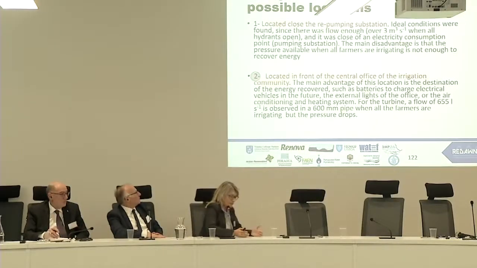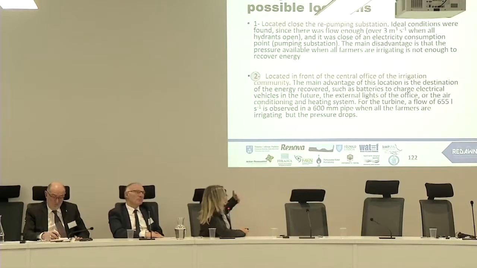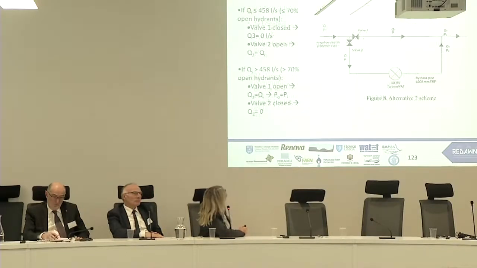For any type of study we need to make some approximations. Several possible locations were analyzed, and the second one was very interesting, since it is the manager's location and the destination of the energy recovered, for example, for batteries to charge electric vehicles in the future, electric lights, air conditioning, etc. Here is a scheme located in the system with a bypass.